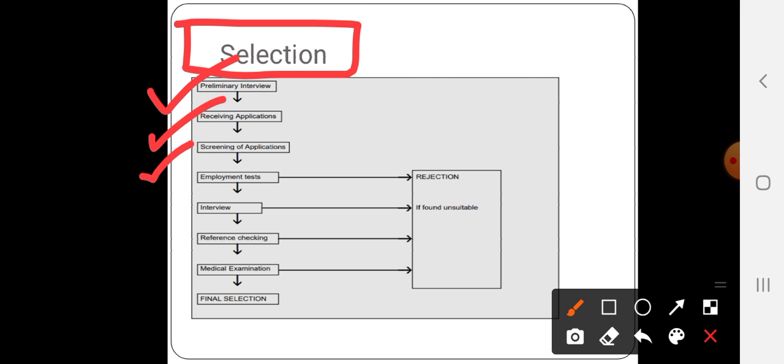Next is screening of that application. In the application you attach your resume. It includes your name, where you are living. It includes what experience you have, or whether you are a fresher. What are the different languages you are aware of, what are the different skills you are aware of. It can be Tally, it can be Java, it can be C++.